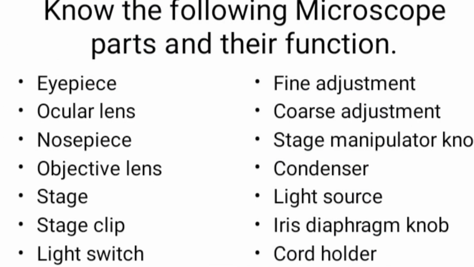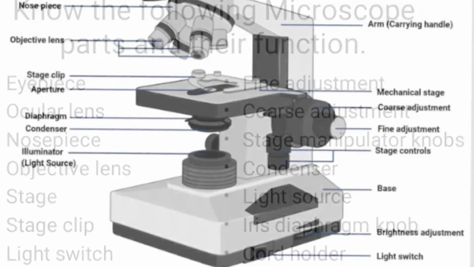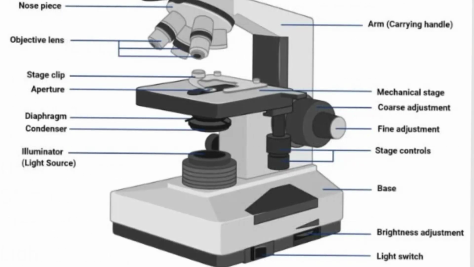Objective lens. Location: attached to the nose piece. Function: objective lenses are located near the specimen and are responsible for gathering light and magnifying the image. Microscopes typically have multiple objective lenses with different magnification levels.